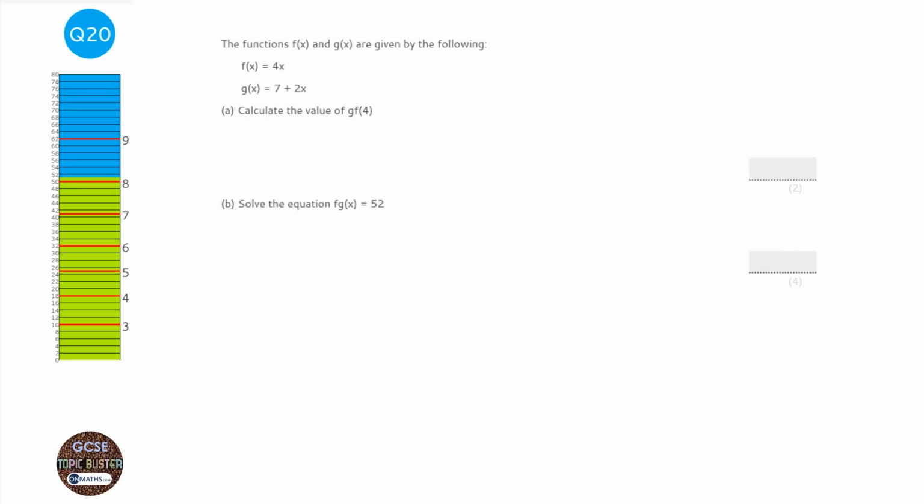Now this is a question about composite functions, and I'm going to start this question off by just answering this question. What is f bracket 4? Now this equation here, up until this level, that used to be y equals 4x, and the question we have here would be, what is y when x equals 4?